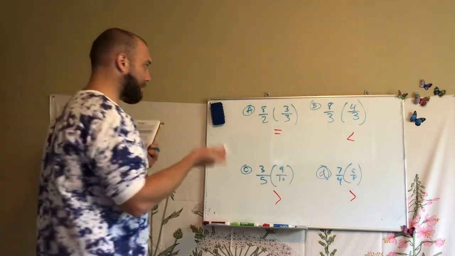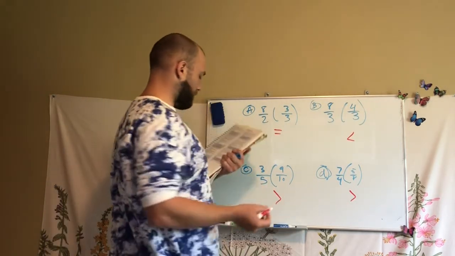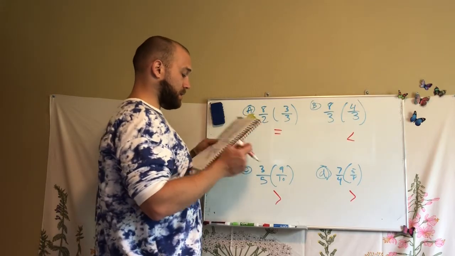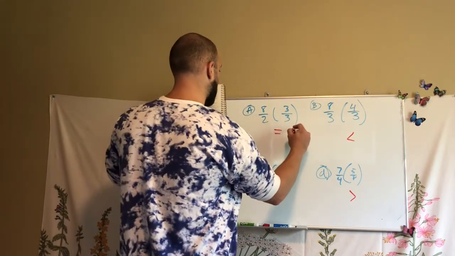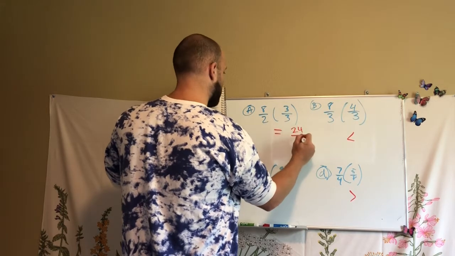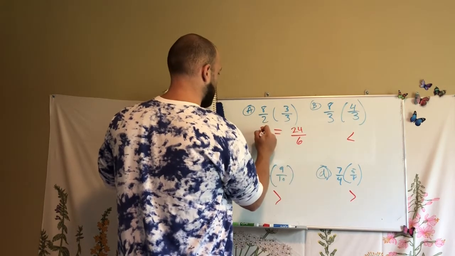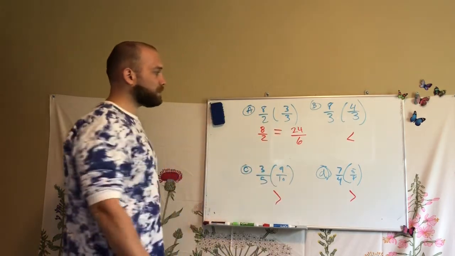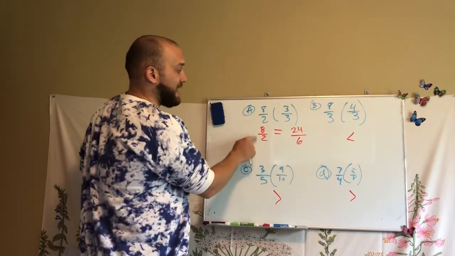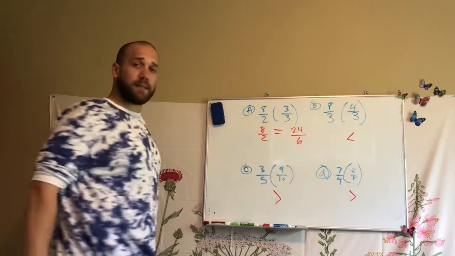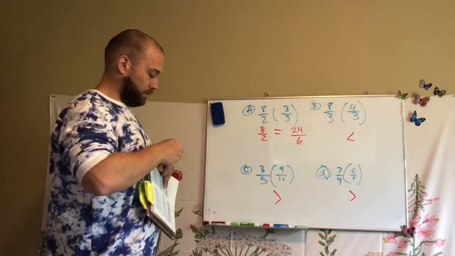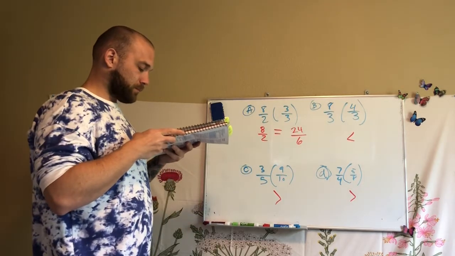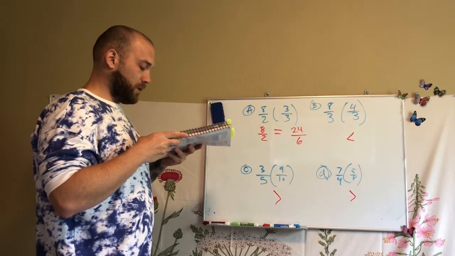So let's go back and see what our answers would have been. Problem A, you should have 24/6, and this is 8/2. You just drop this number down on each one. But now you know 8/2 is the same as 24/6. So, this is what you should have for it.